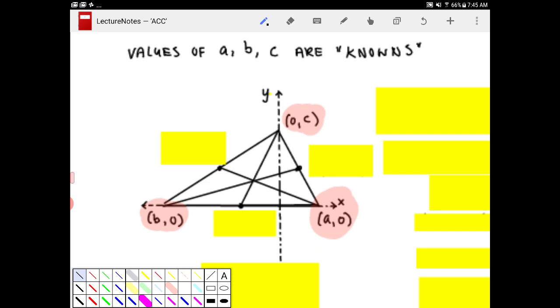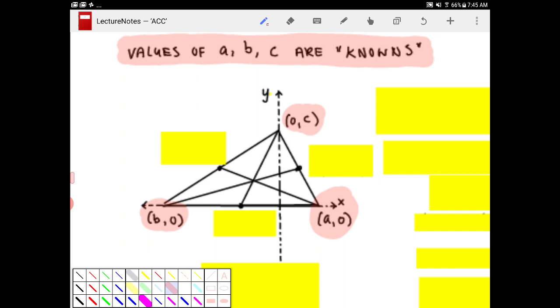But again, it is important that you understand that these things, a, b, and c, okay, these are our known values that we're starting with, because this is declaring the triangle on the coordinate grid, okay, so this is important. Once we have that established, we should also recognize what our final answer should look like.